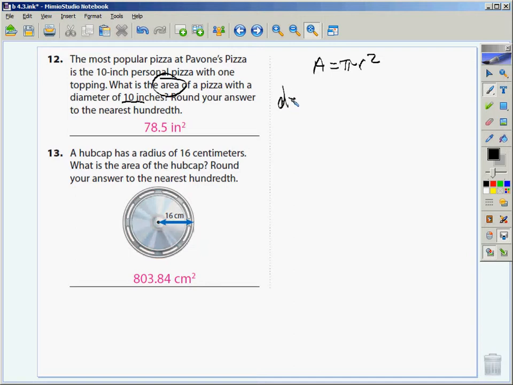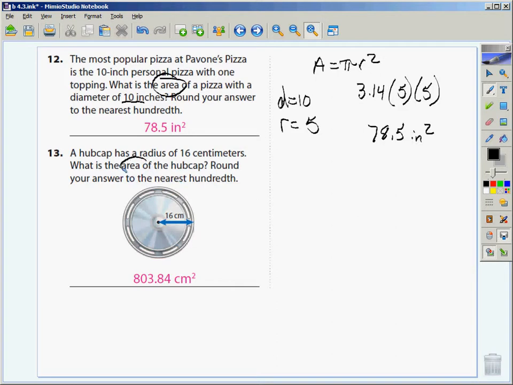If D is equal to 10, what's R equal to? 5. 3.14 times 5 times 5. It's just number crunching on a calculator. 78.5 inches squared.